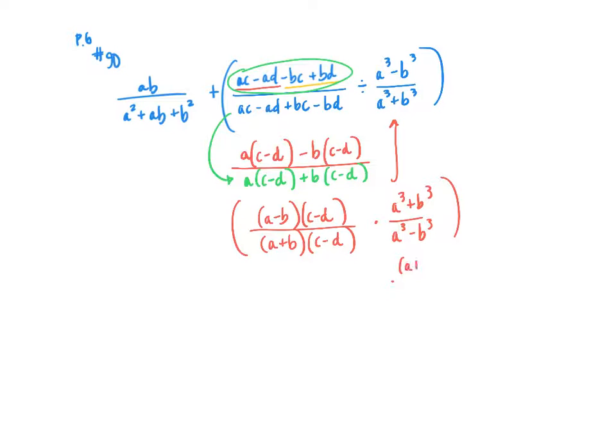I'm going to have my numerator is going to be A plus B. And just so you know, I'm working on that sum of cubes right there. And so then I have A squared minus AB plus B squared all over. Now I'm going to focus on my difference of cubes, and so it's going to look very similar except for, of course, my signs.